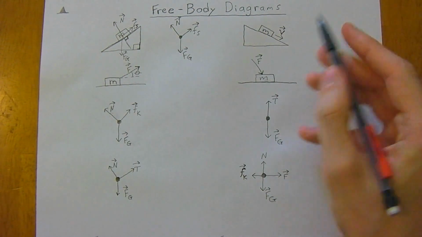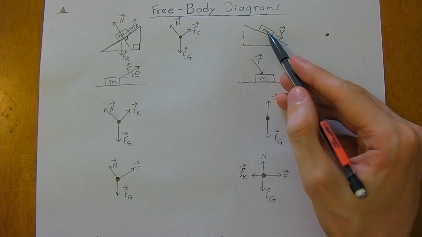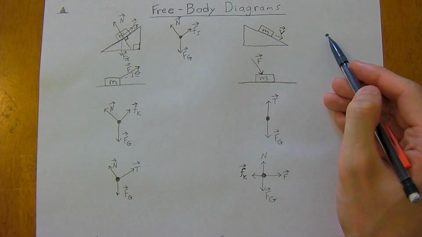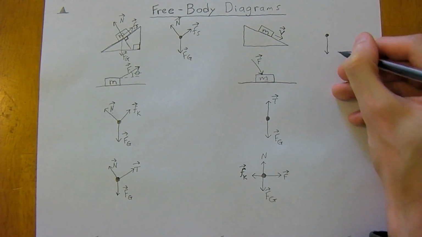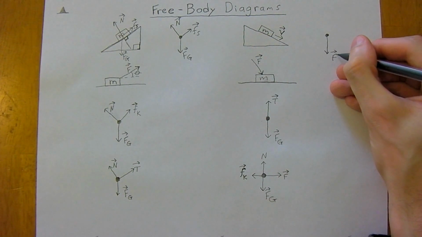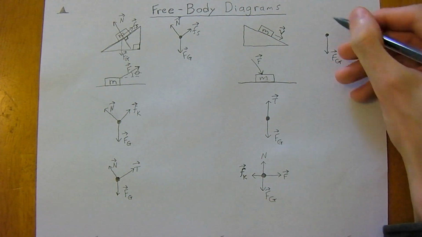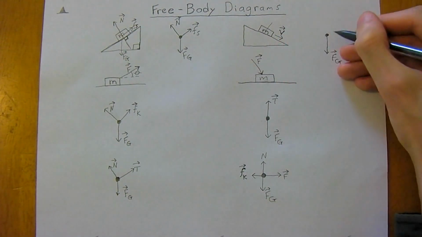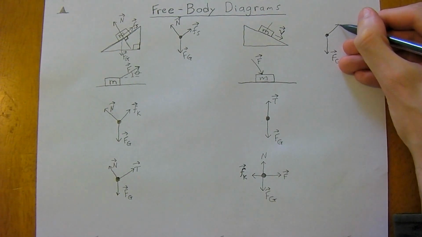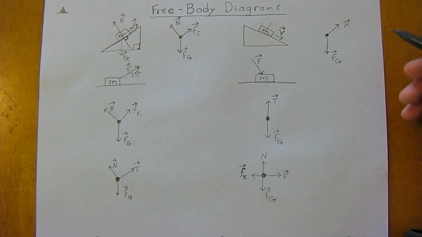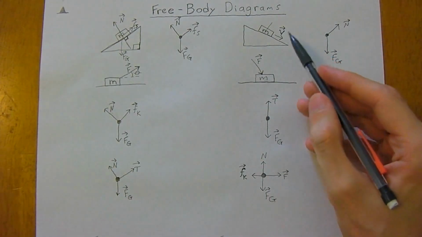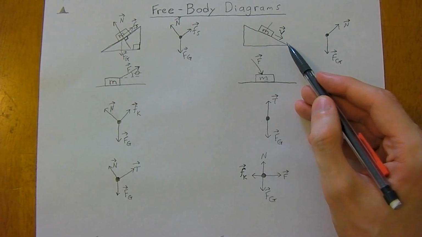So here we're going to model our second situation now. We have our center of gravity, point of mass, and it has, again, the force of gravity pulling it down. It has the normal force, perpendicular to the surface. And in this situation, it is moving with a velocity.